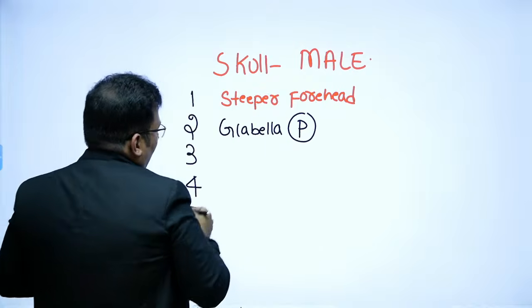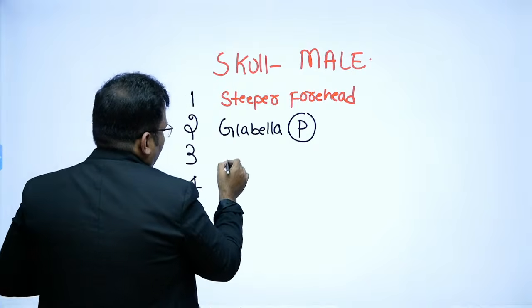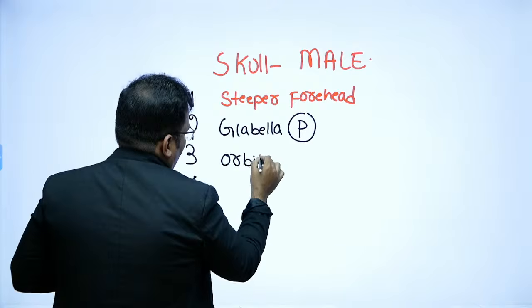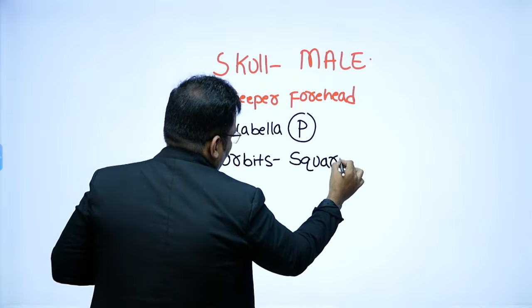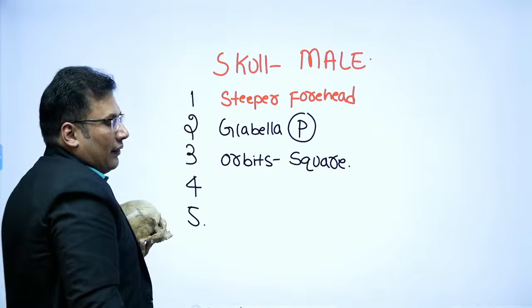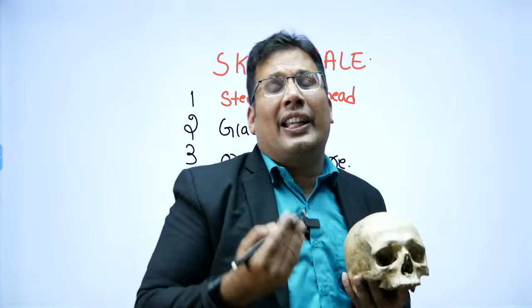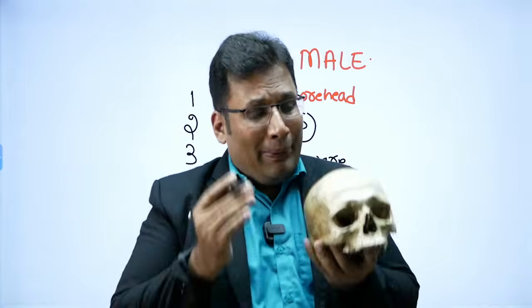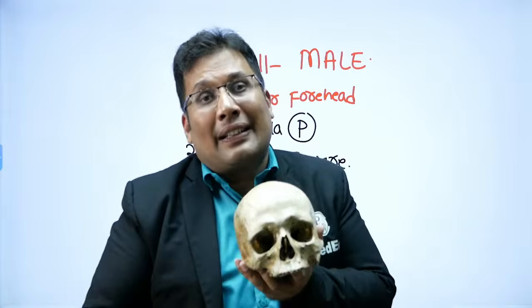Then orbits. Orbits are square. All the muscle markings and bony markings are prominent in the male skull. The male skull is heavy, more voluminous than the female skull.